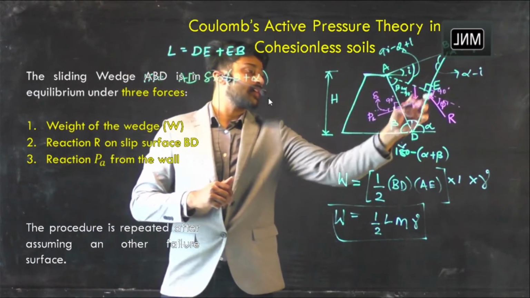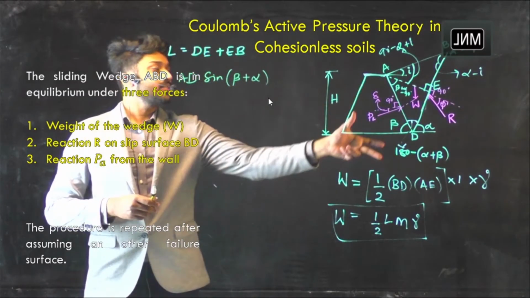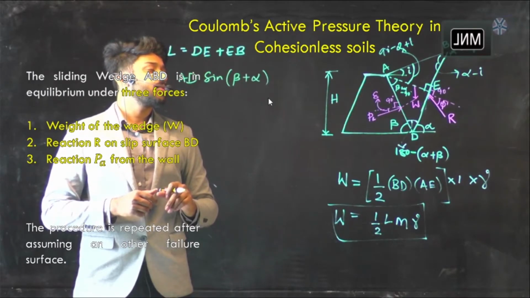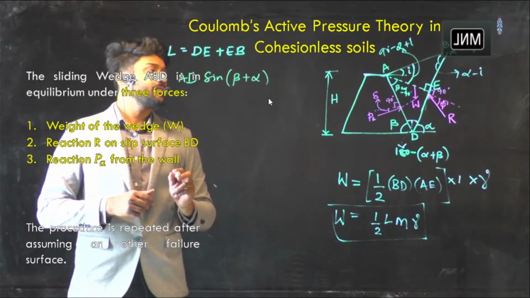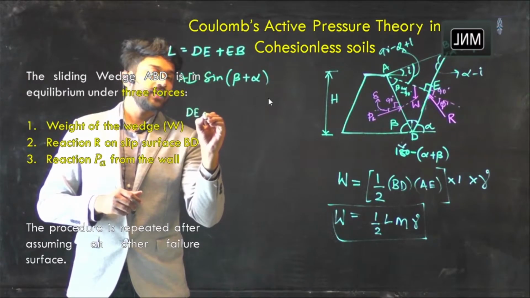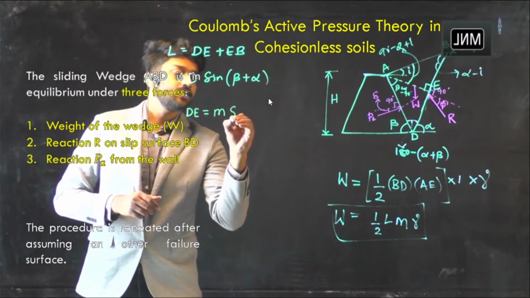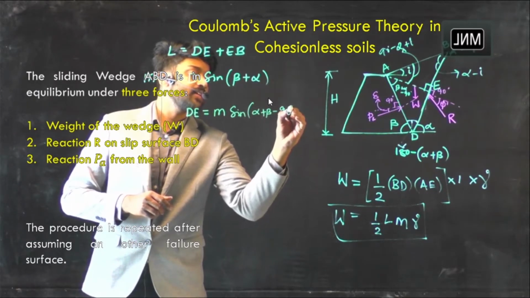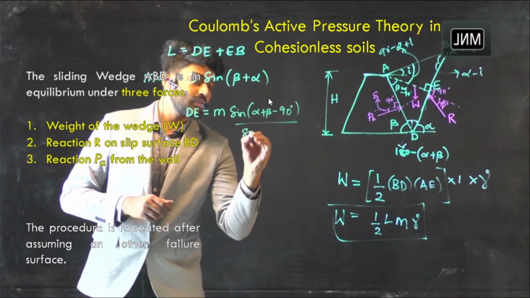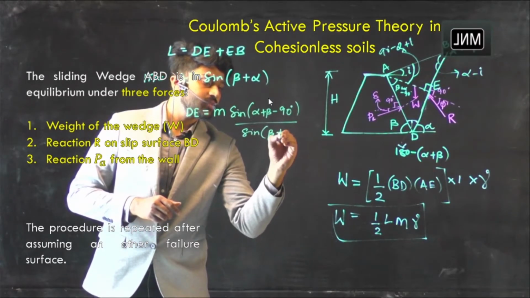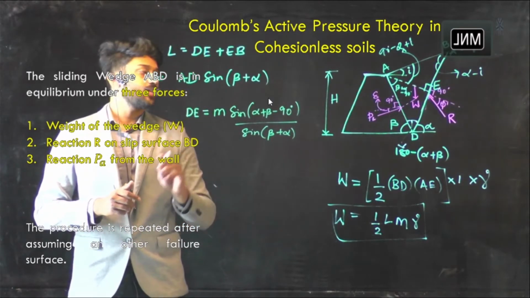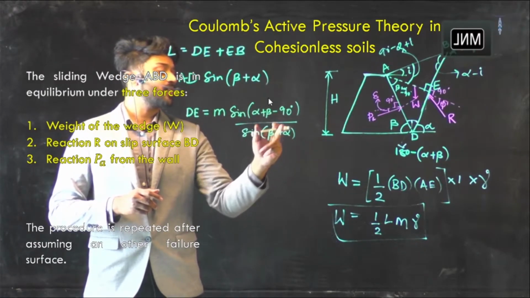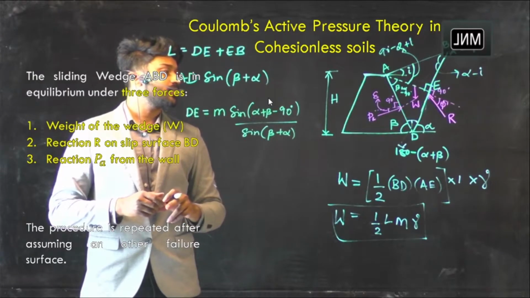Similarly, DE may be obtained as M sine of alpha plus beta minus 90 degree by sine of beta plus alpha.